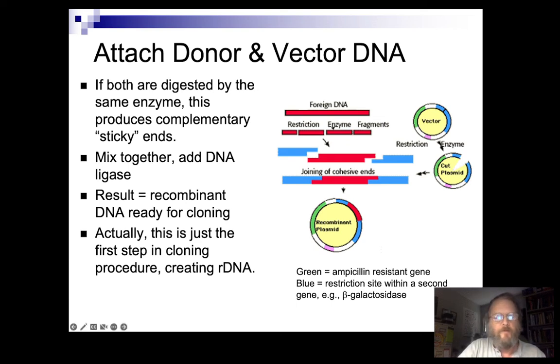Your vector, your plasmid, for example, will have a site where you're going to insert the DNA, but then it'll also have a couple of genes that will allow you to grow the bacteria in different media conditions. So, for example, you might have an antibiotic resistance gene, and then another gene like beta galactosidase, which would mean that it can break up lactose, right? Okay.